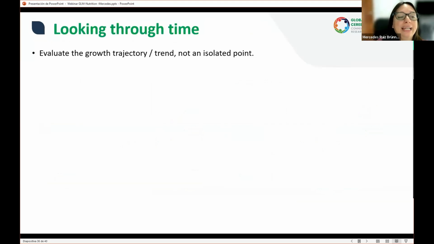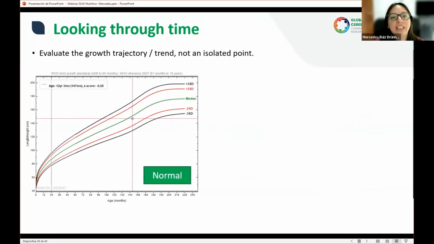But it's also important to look through time, to evaluate the growth trajectory or trend, not an isolated point. For example, in this child, if we look at an isolated point, we can see that he has a normal nutritional status, right?